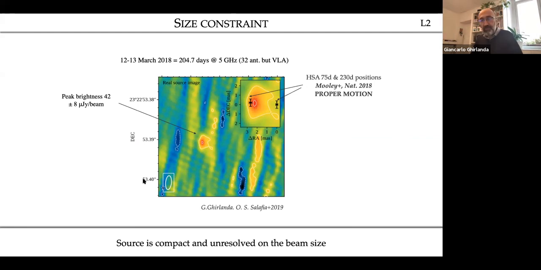So it was in a favorable condition, but the source was, on the one side, dim for the apparatus we could employ. And on the other side, most of the radio telescopes that we used were in the northern hemisphere, while the source was best observable from the southern one.